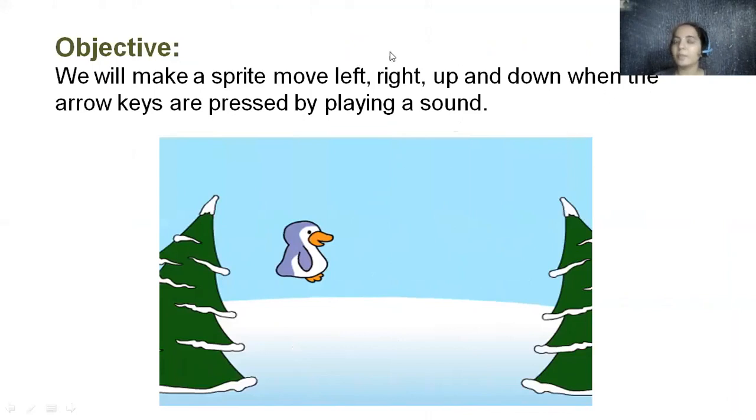Now, today we will make a sprite move in different directions like left and right with the help of our arrow keys. It's like what happens in games, as you would have seen: you move the keys and the things are moved. That's what happens in our program.